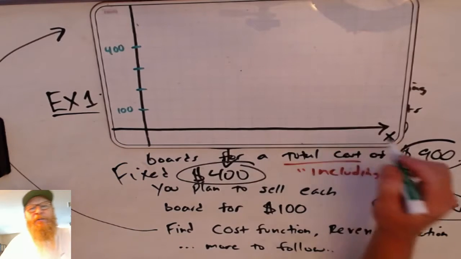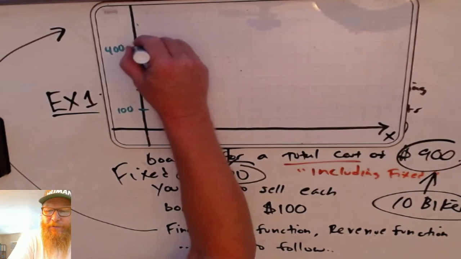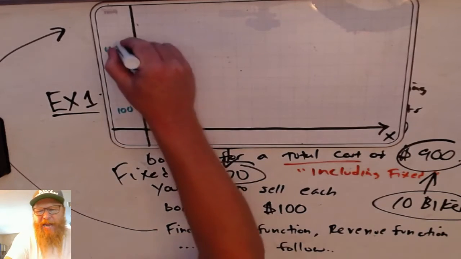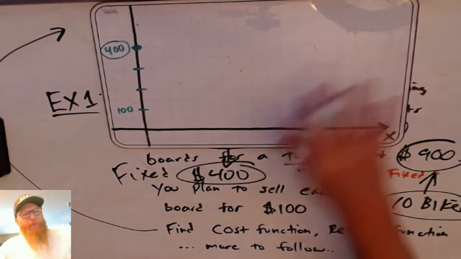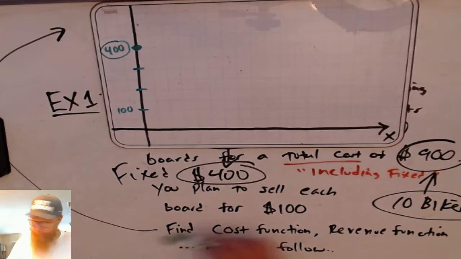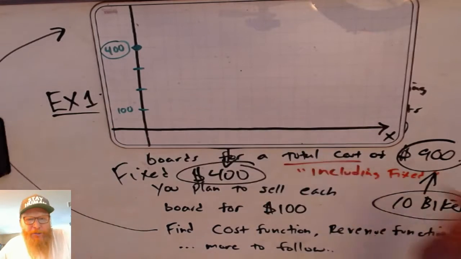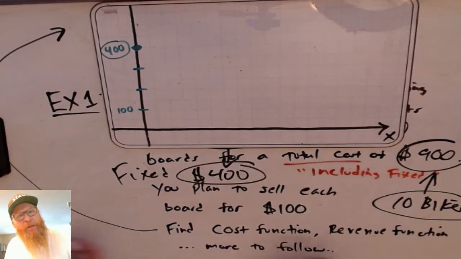When you do it this way, you really do need to be careful with your scale, because you're relying on this graph to give you the answer. It's a slightly different approach. Instead of memorizing a bunch of formulas, you just draw a picture and let the formula come to you.